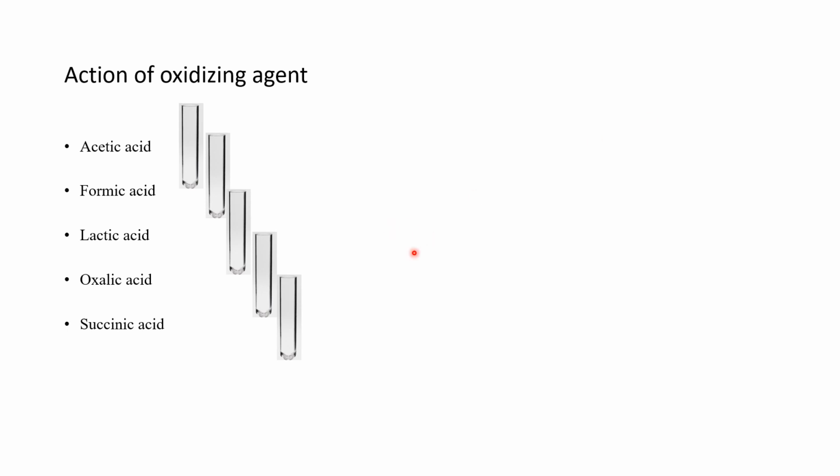The next part, this is the third part, is action of oxidizing agent. In this case, the oxidizing agent that we will be using is 5 ml of 0.5% potassium permanganate. So 5 drops of each sample. Then you will add 5 ml of the oxidizing agent, which is potassium permanganate.